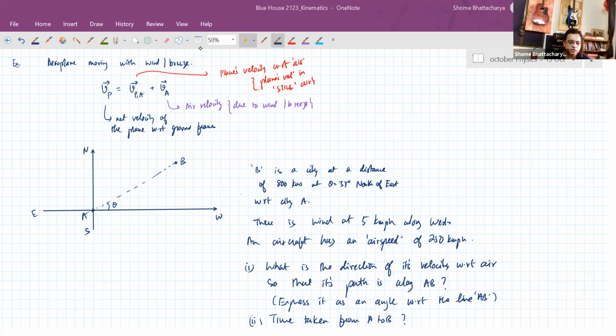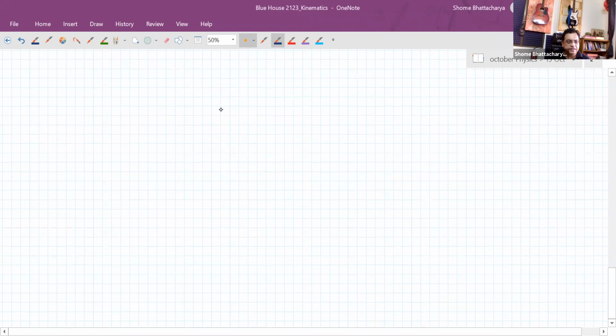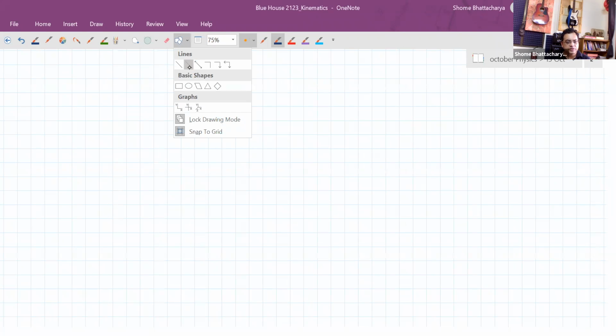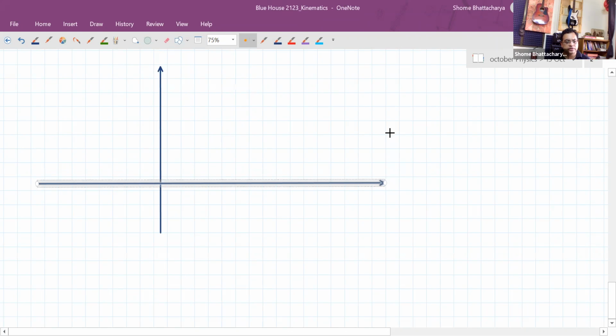Okay, so this type of question, because of the vector algebra involved, we'll take a slightly different approach. When we are resolving the vectors, we will not take our x and y axes along the directions shown of north, south, east, west, because that would make it very difficult to solve the vector algebra.